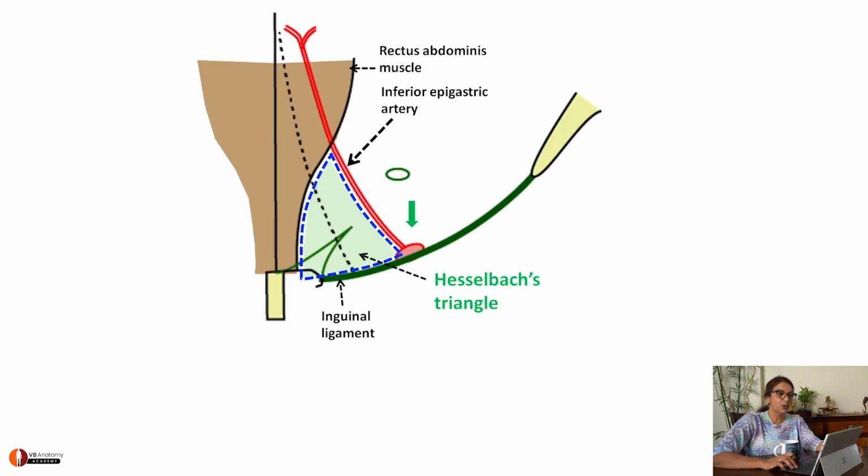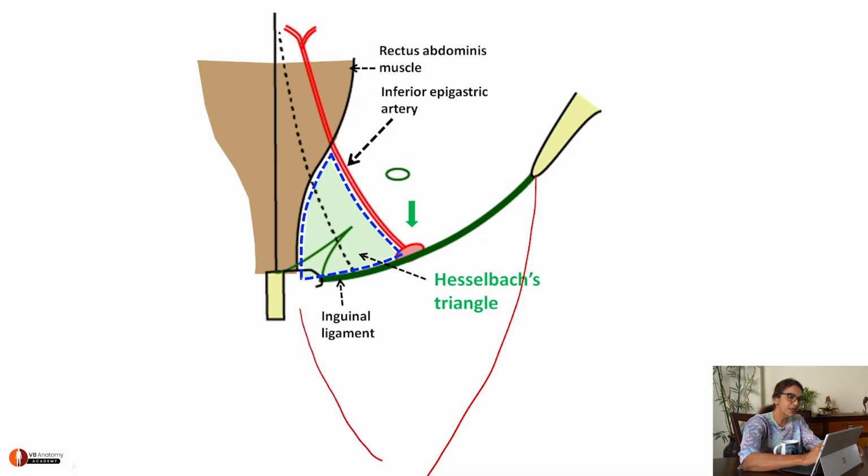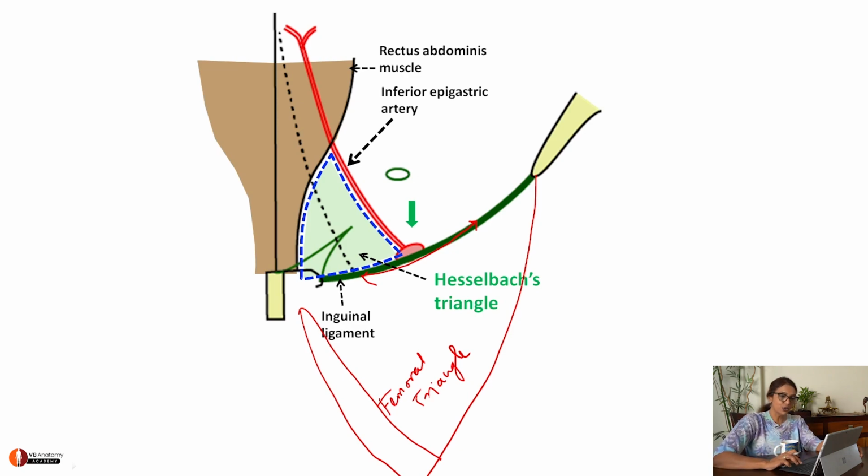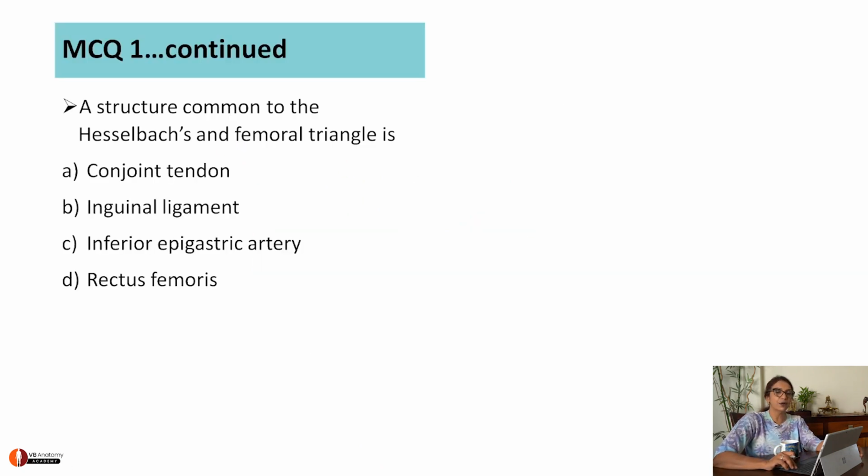Extending from the anterior superior iliac spine downwards and from the pubic bone downwards, here is your adductor longus muscle, and therefore this is your femoral triangle. If this is your femoral triangle, and this is your Hesselbach's triangle, the structure common to both of them is your inguinal ligament.